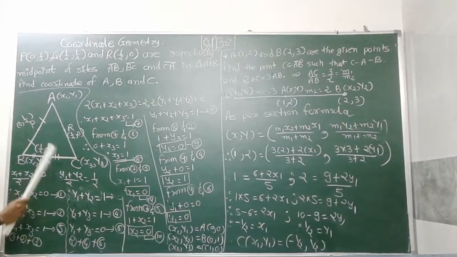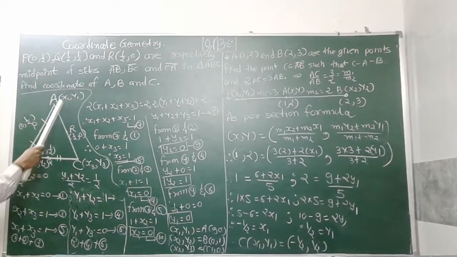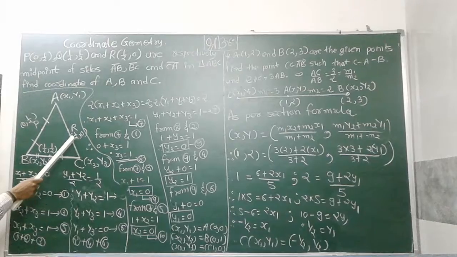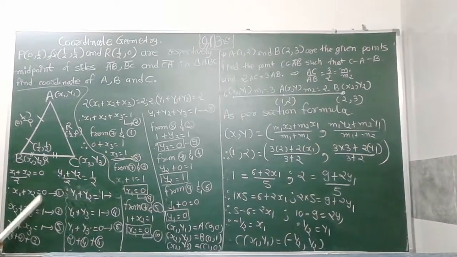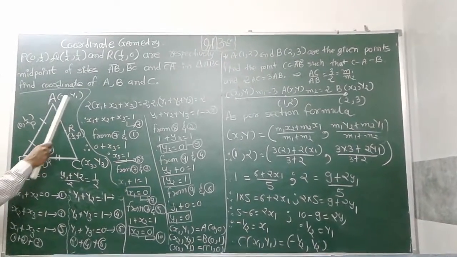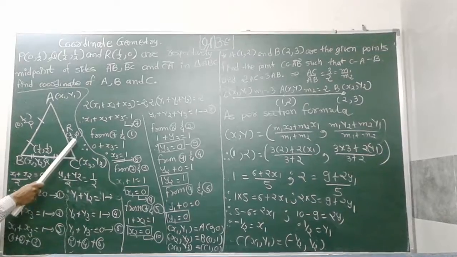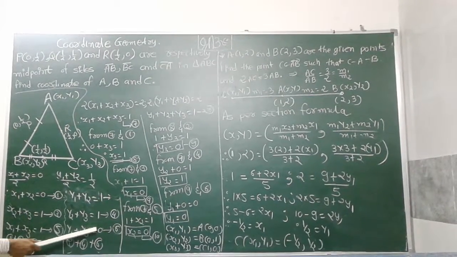Equation number 4. Same way, R is the midpoint of line segment AC. Therefore, (x1 + x3)/2 is equal to 1/2. Therefore, x1 + x3 is equal to 2/2, that is 1. Equation number 5. Same way for y, (y1 + y3)/2 is equal to 0. Therefore, y1 + y3 is equal to 0. Equation number 6.